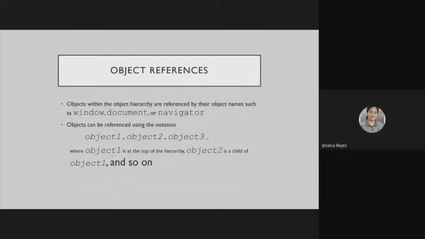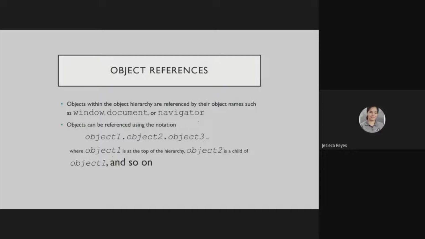Now, the objects within the hierarchy are referenced by their object names, such as window, document, or navigator. And we can reference them using the dot notation, just like object1.object2.object3.